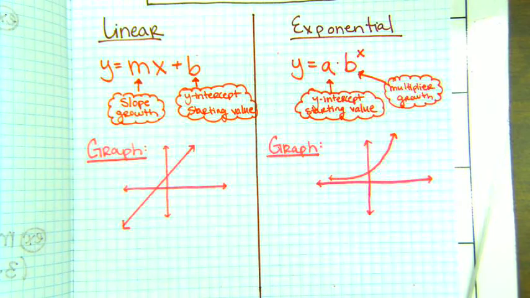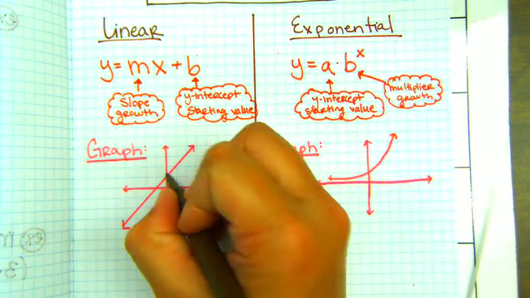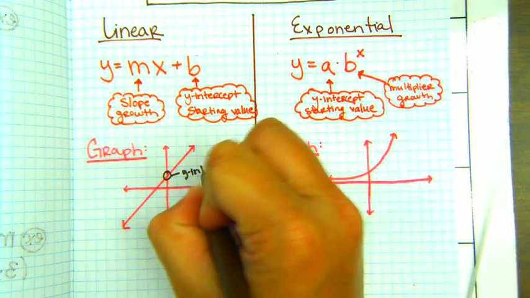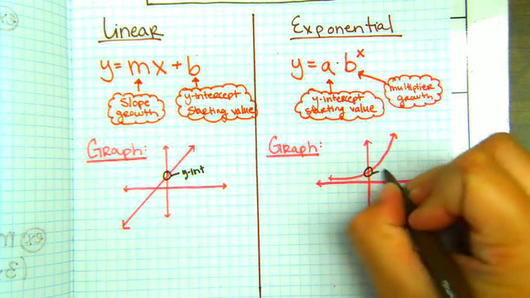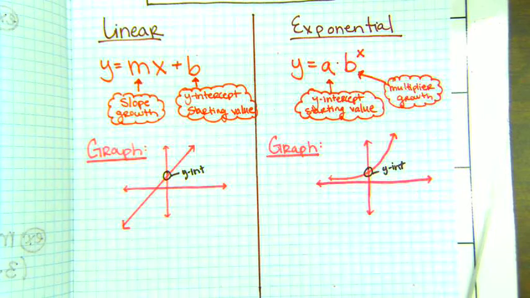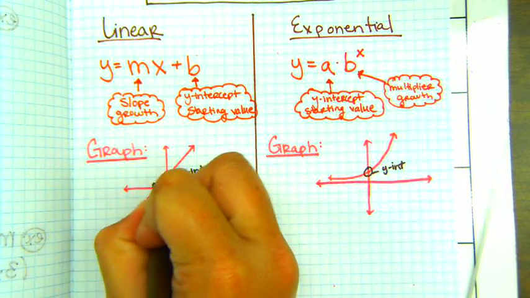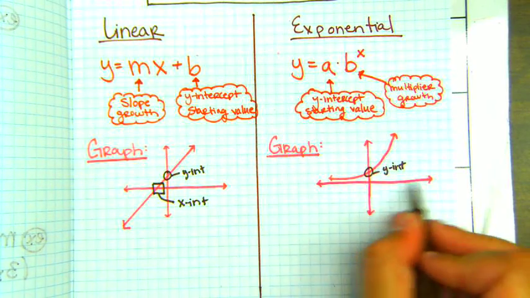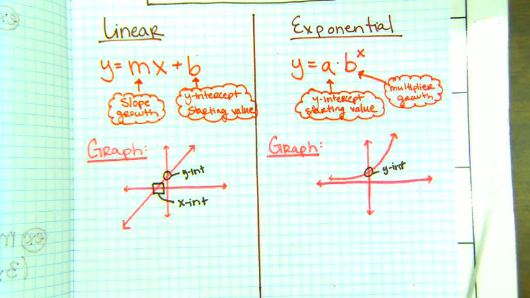Now there are some similarities and differences. One similarity is they both do have a y-intercept, and I'm going to label where that is. That's the y-intercept here. That's the y-intercept on the exponential. One difference, though, is you'll notice that this linear function has an x-intercept, and this exponential does not have an x-intercept. Exponential functions, in the way that we learn them, do not have an x-intercept.